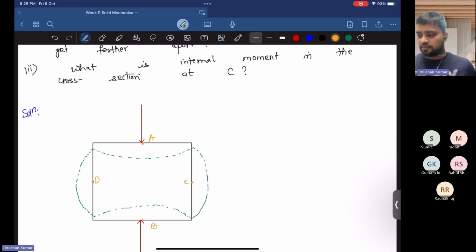So let's break this part into two sections. We can always do this to draw the free body diagram of the system. So let's bifurcate it into two parts to analyze the internal forces which are acting in the system.